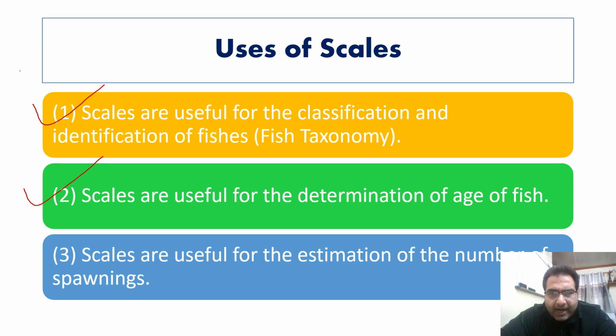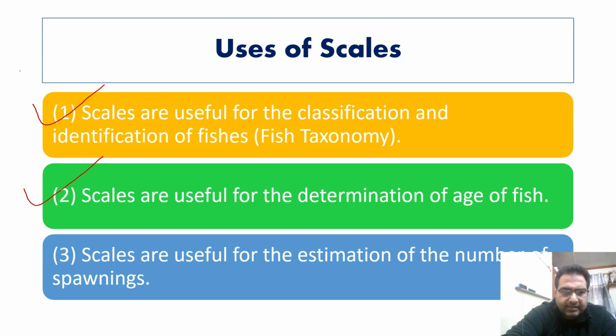The wide lines, which are separated by lines of growth, represent the fast growth, and the closed lines represent the slow growth. A series of wide lines and a series of closed lines in an area on a scale correspond to a year in the life of the fish, and thus from this we can know the age of the fish.